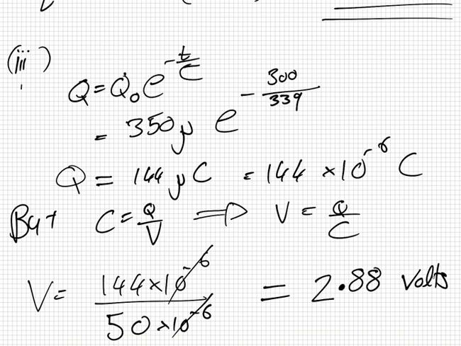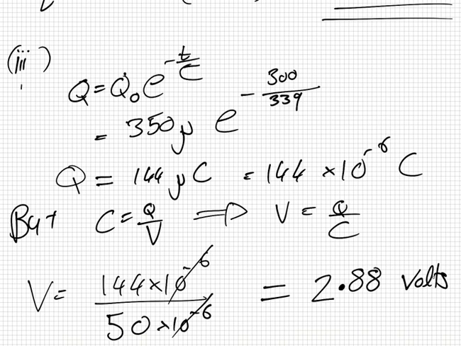Could we get this one? No. But we do have C. Now if we have C and we have Q, we could get V. Which is actually what they want, isn't it? So I think we'll use this one and then change our Q into V by using this formula.